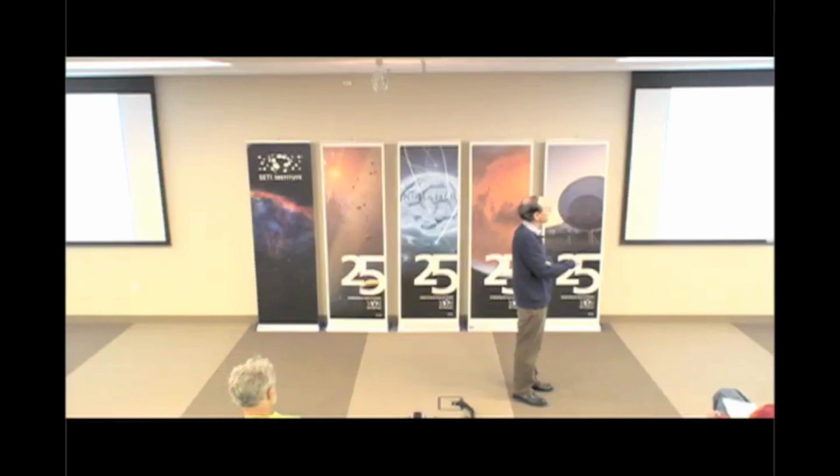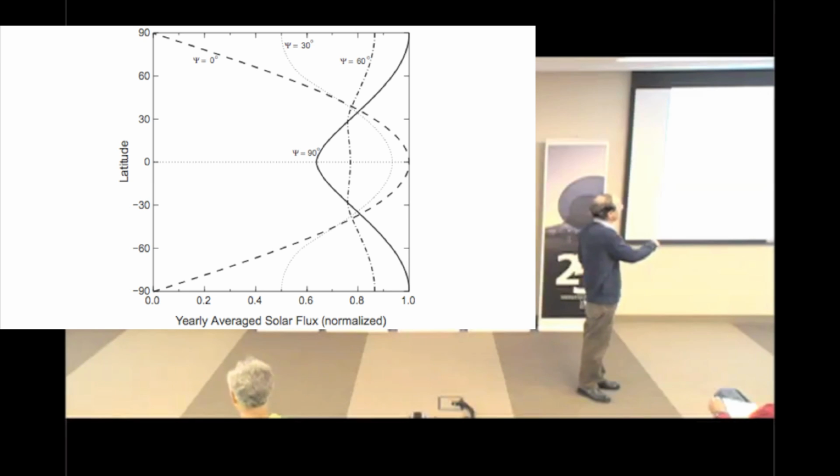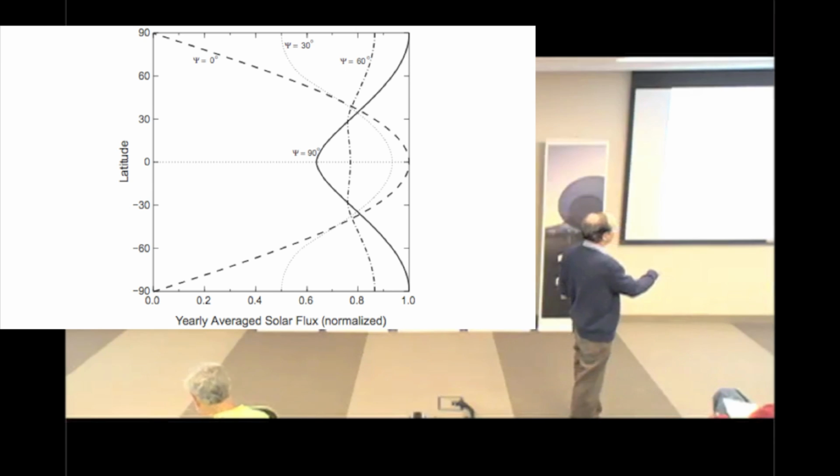Our obliquity is a little bit less than 30 degrees, so we have significantly more heat at the equator than at the poles. If you had something at the other extreme, talked about 85 degrees earlier, the complete extreme 90, the poles, since they would have the sun directly overhead in summer, would actually, on an annual average, have a little over 50% more insolation than the equator. At 60 degrees, it would be slightly more at the poles.